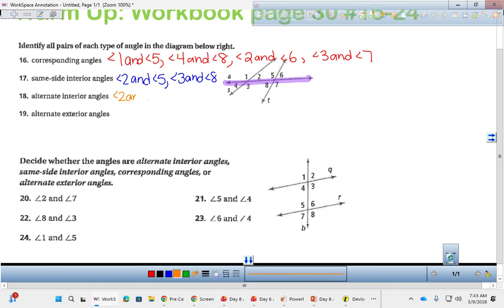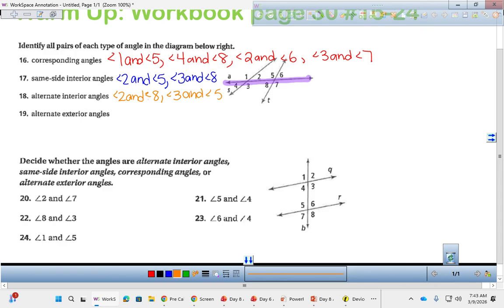And the other piece of information you have to remember about alternate interior angles is they are non-adjacent. Does anybody remember what that means? Non-adjacent. They can't be next to each other, so I can't pick 2 and 5. I can't pick 2 and 3, right? Both of those are next to each other, so it must be 2 and 8. Okay, and then 3 and 5.